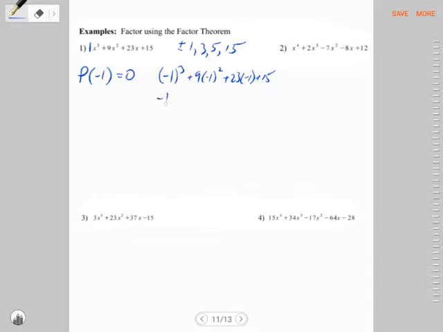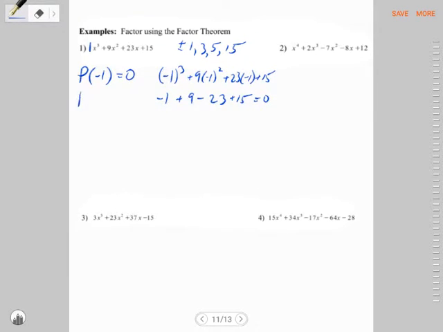So that's -1, then plus 9, because -1 squared is positive 1 times 9 is plus 9. Then minus 23 and plus 15. So -1 plus 9 is plus 8, minus 23 is minus 15, plus 15 equals 0. So that's why it works, and you can type that into your calculator to figure that out.